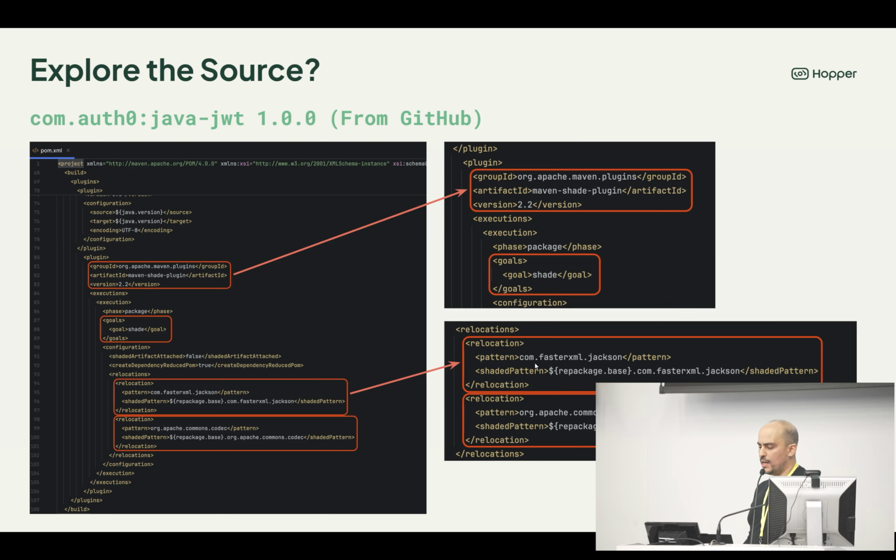So it's no longer com.fasterxml.jackson, it's something else. For now, I can't tell from this, but let's continue. We want to see if it's a theoretical problem or a real one.